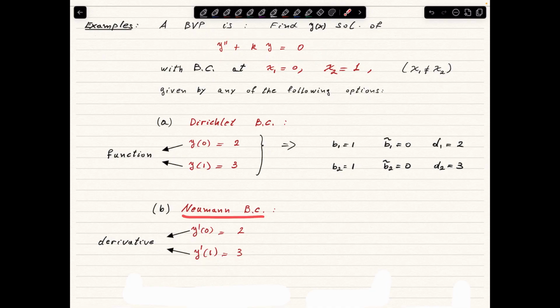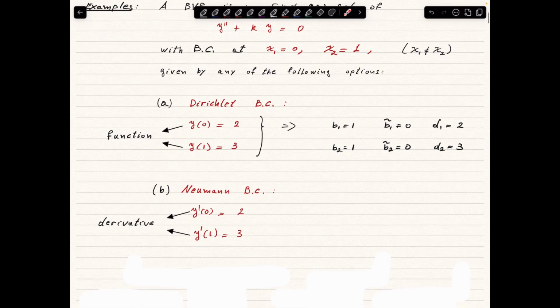These are Neumann boundary conditions because Neumann was the first person that solved a similar problem with conditions that involve the derivative of the unknown function in an equation similar to the heat equation.